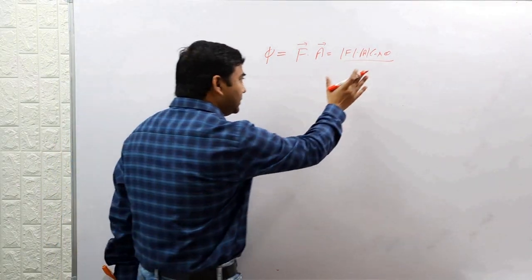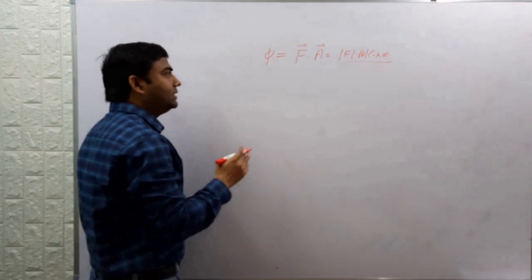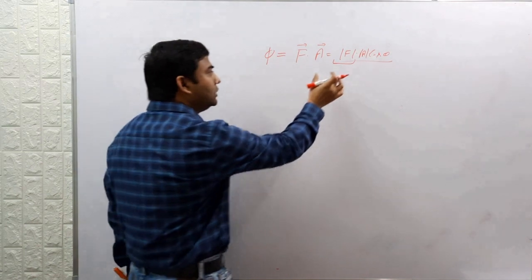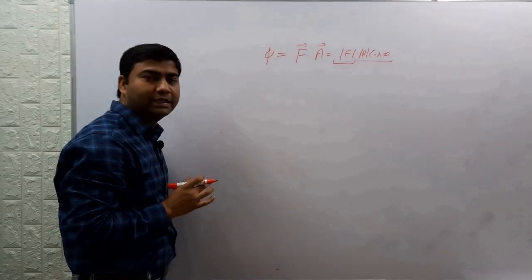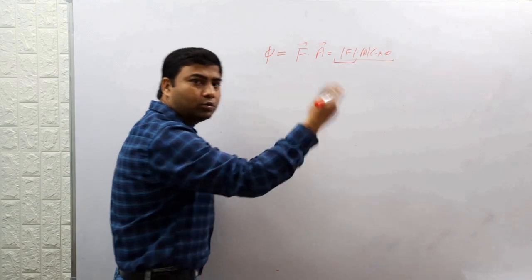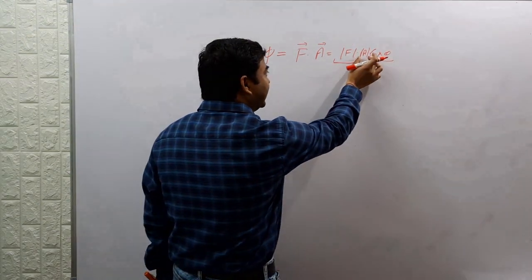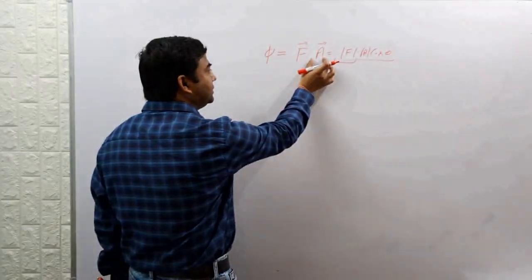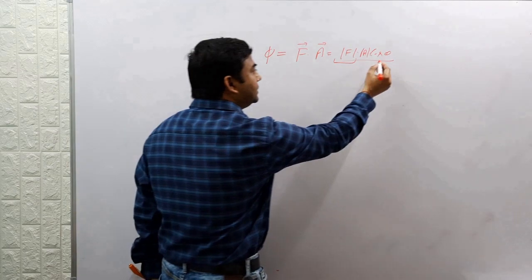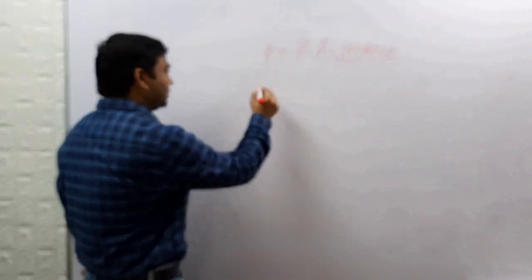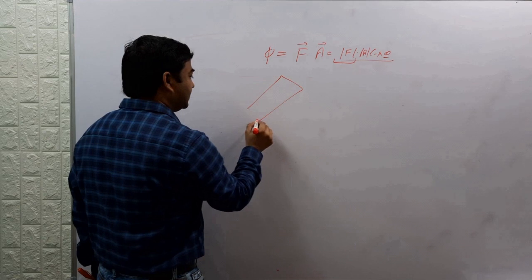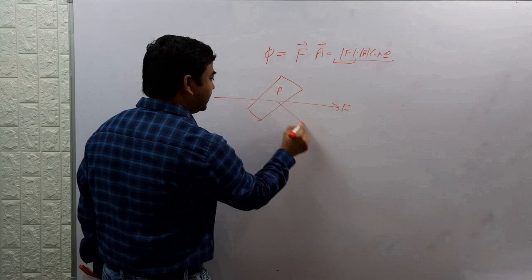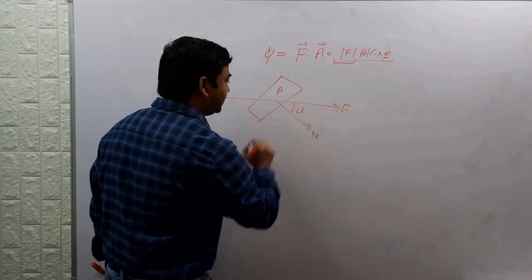But this formula is only valid when the field is uniform throughout the area. Then only we can put the value of the magnitude of the field in this formula. If it is uniform throughout the area, and also area A is flat, it is not curved. If area A is flat, only then this theta will be constant. For a particular area, this is the area and this is the field F. This is the normal to the area and this is the theta.